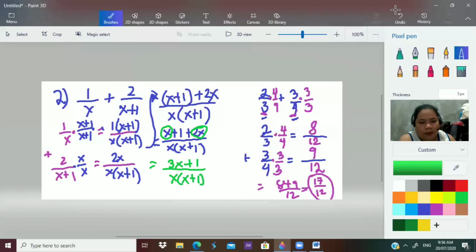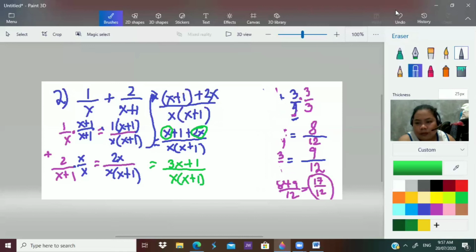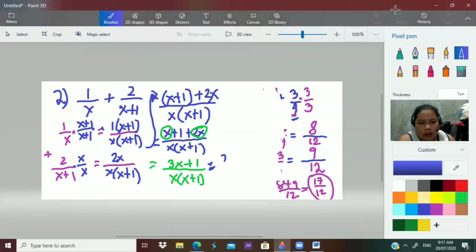Okay, so simplify natin ang denominator. So simplify natin, that would be 3x plus 1 over x times x, you have x squared as x plus 1. So you have x squared plus 1.